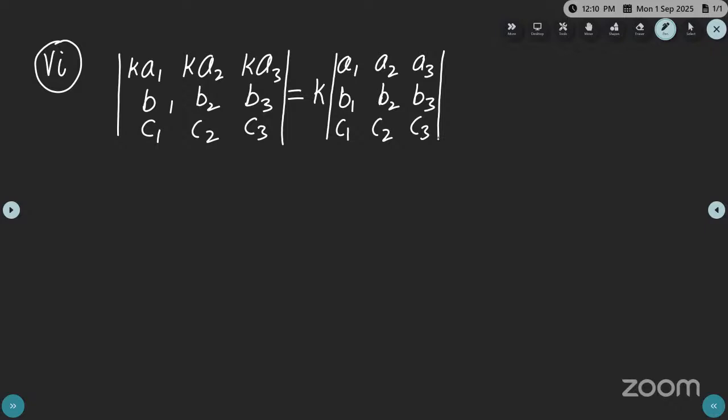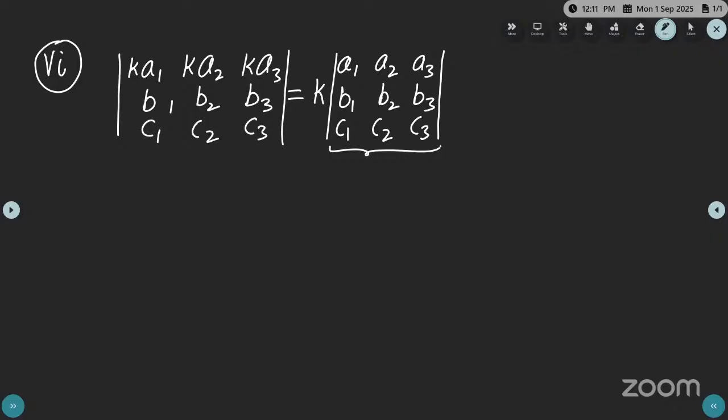So this is the given one. If first row elements are multiplied by k, then that determinant is k times the determinant of the matrix. That's enough.